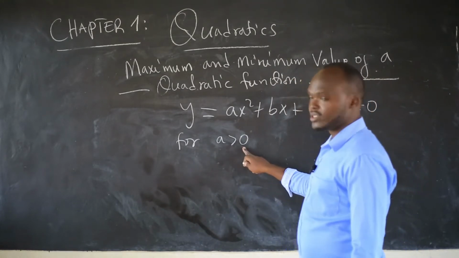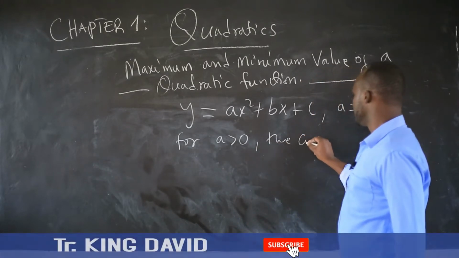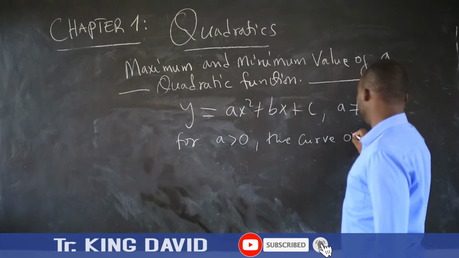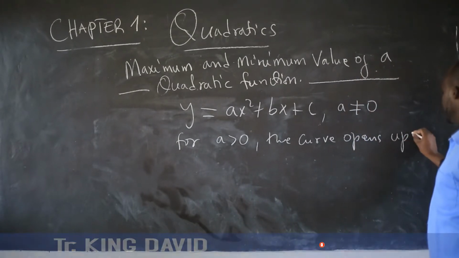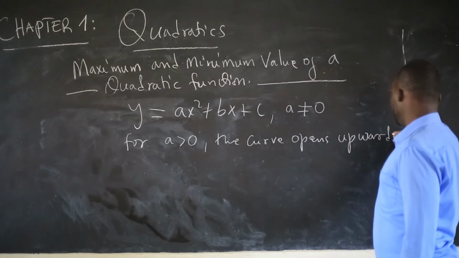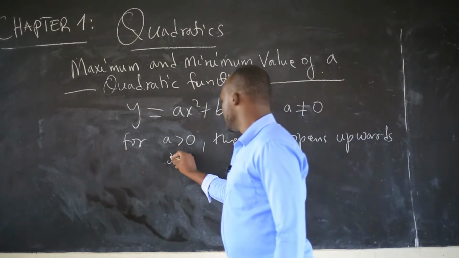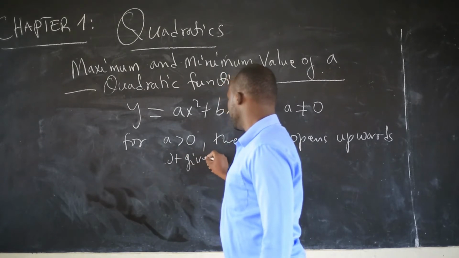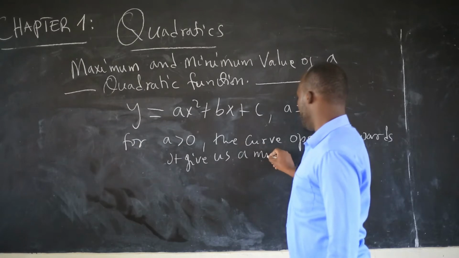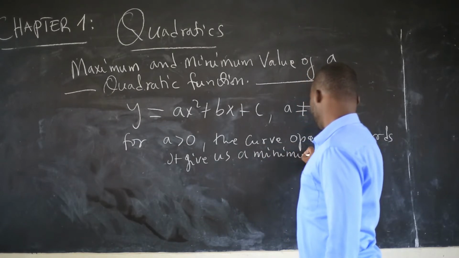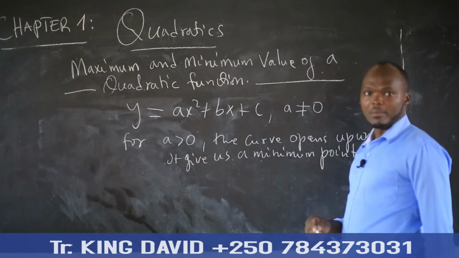When a is greater than 0, our curve opens upward. When it opens upwards, it gives us a minimum point.